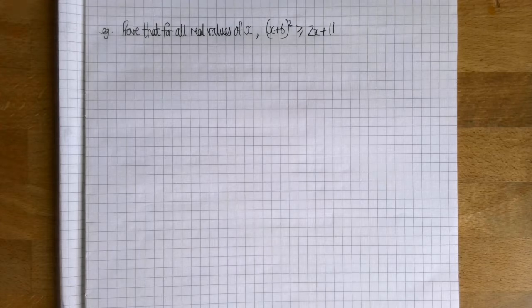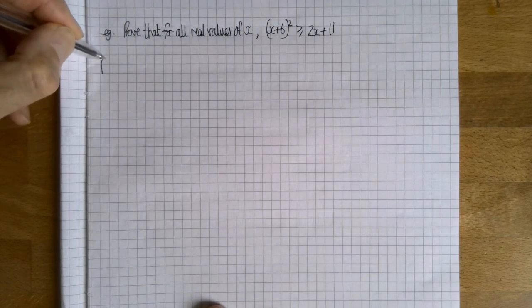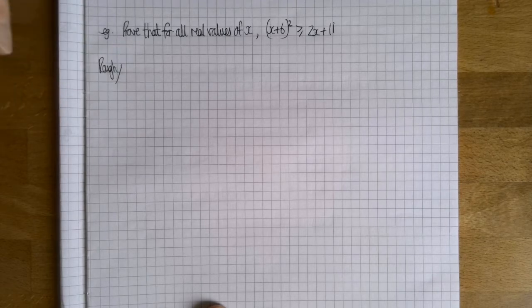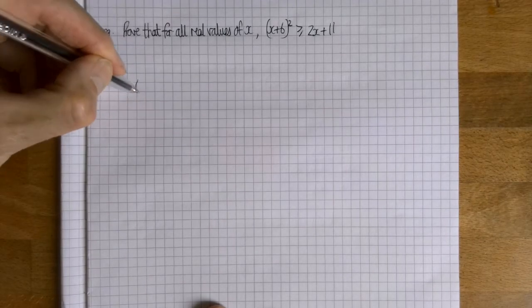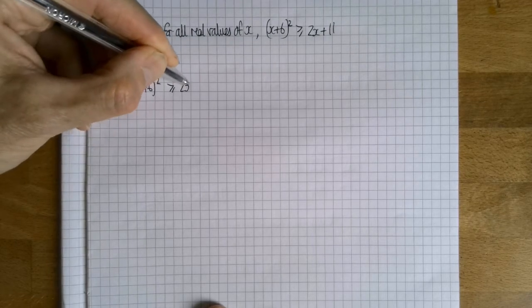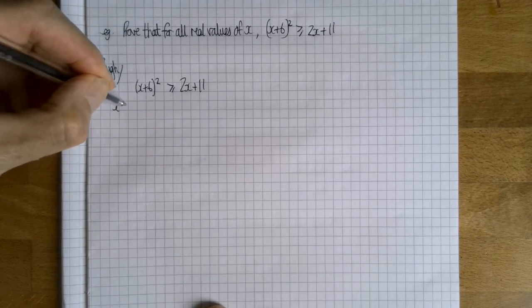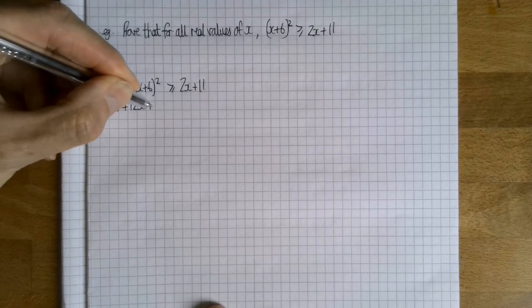Second example, again, I would do some rough workings and then I would do a solution. Pause and I'll come back in a minute. Okay, so here's my rough working. So I've got x plus 6 squared is greater than that. If I grid that out, just for once I won't do it, but I know this is what I would get.